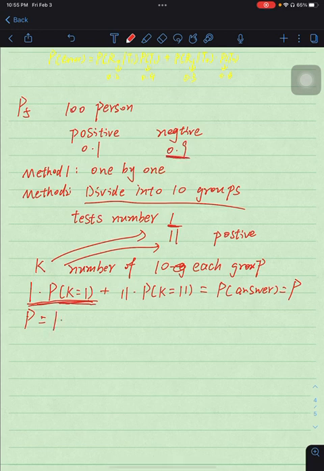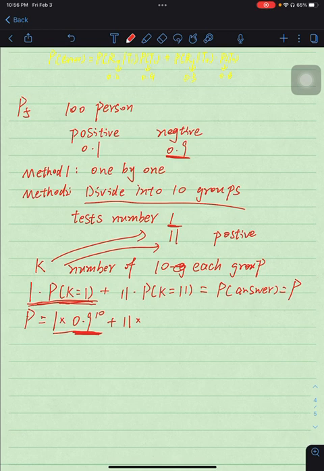Because each person's probability of being negative is 0.9, and they are all negative, it's 0.9 to the power of 10. And the second part is K equals 11.